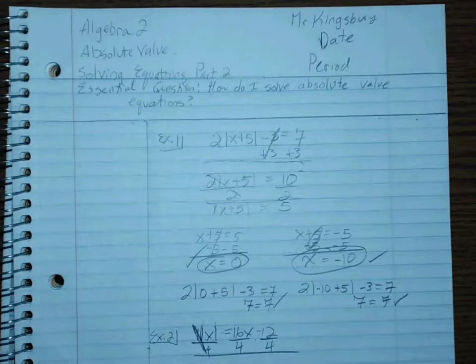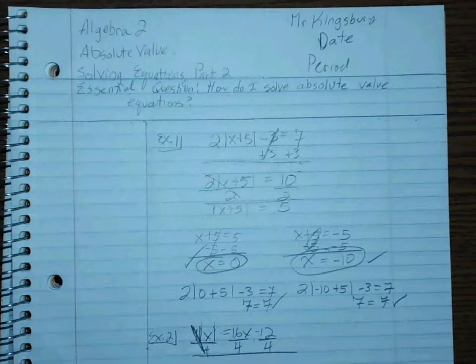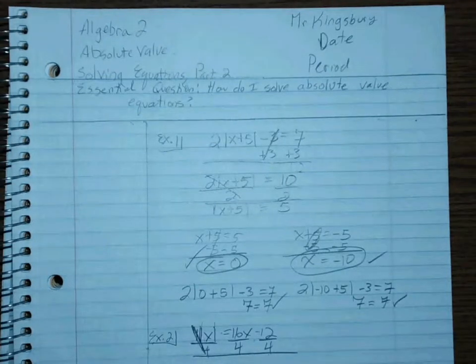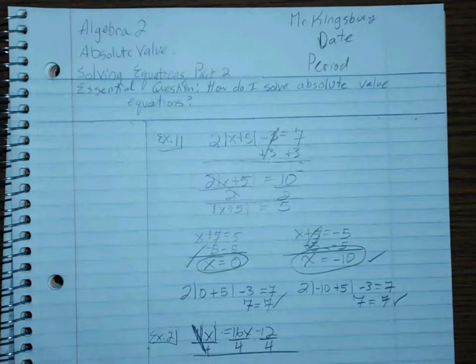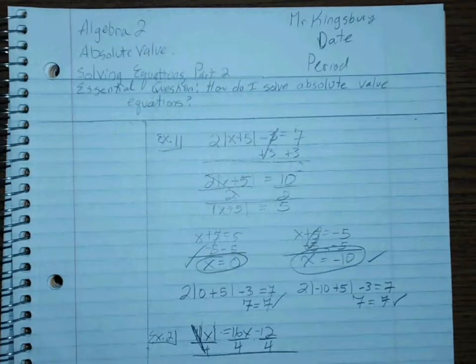On the other side, 16 times 3/5, that ends up being 48/5 minus 12. And when we do 48/5 minus 12, we end up getting negative 12/5. So, is positive 12/5 equal to negative 12/5? No, which means 3/5 is not a solution. The only solution is x equals 1.